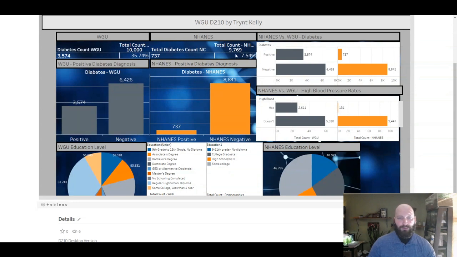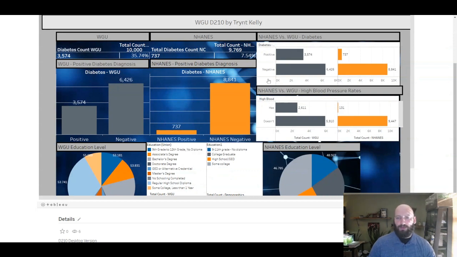Conversely, with the National Health Institute, it's only 7%. 737 people reportedly were diabetic. So when looking at these two, as you can tell, there is a strong disparity between what we have in our numbers and what the National Health Institute reported.